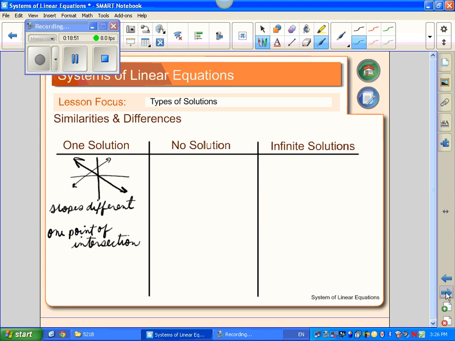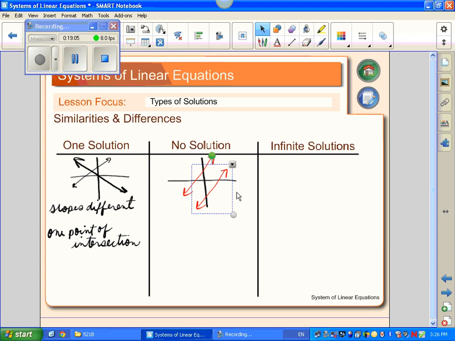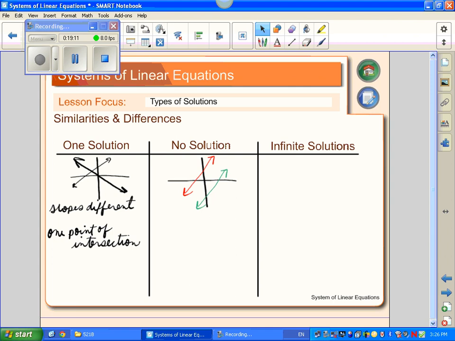Okay, the other option is a no solution. And in a no solution, I've got parallel lines. The easiest way for me to show you is to do this. So I have parallel lines. Well, what are some classifications on that? Well, we know that our slopes are the same.